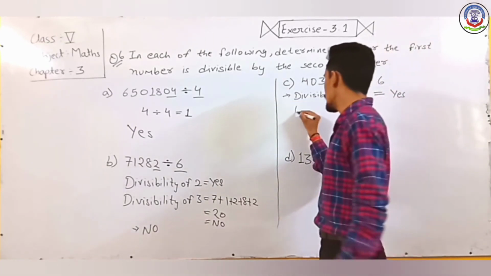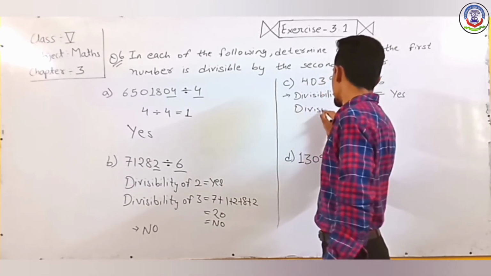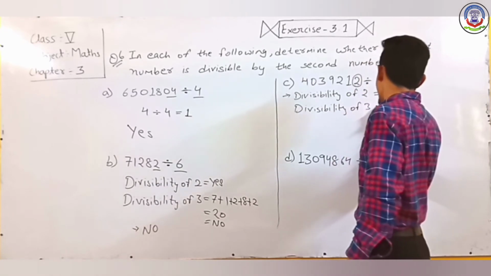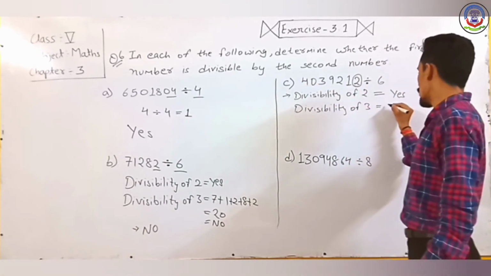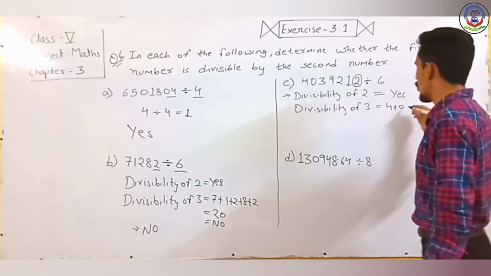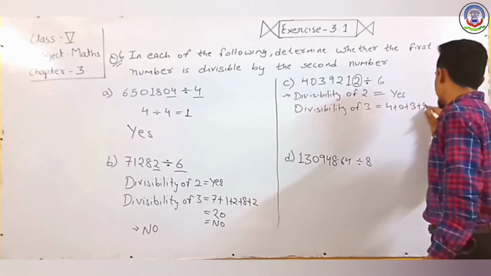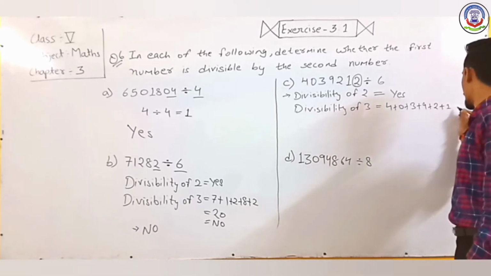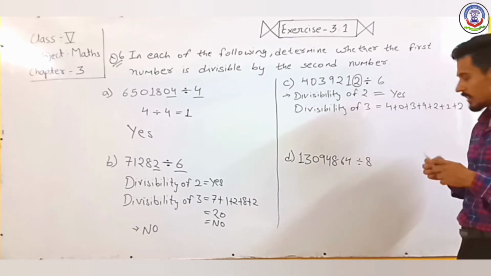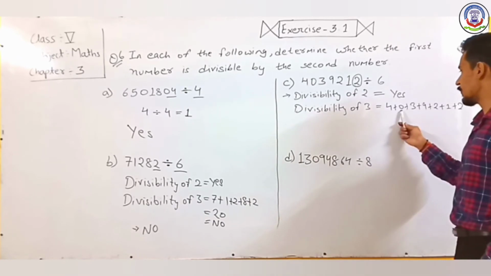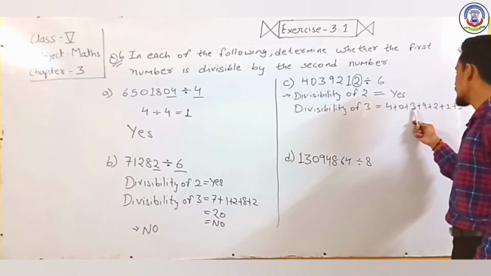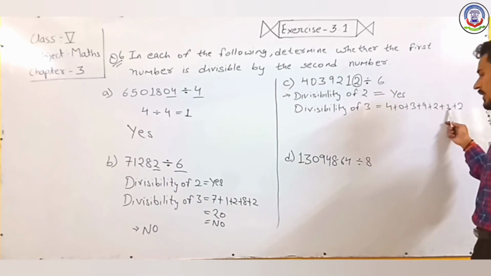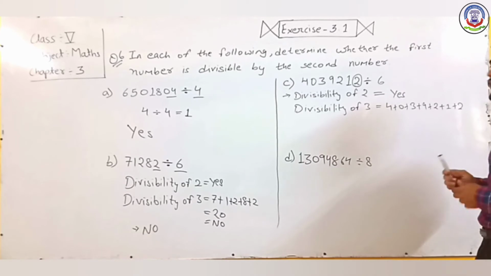Next we have divisibility of 3, that we have to add all these digits. So when we add 4, 0, 3, 9, 2, 1 and 2: 4 plus 0 is 4, 4 plus 3 is 7, 7 plus 9 is 16, 16 plus 2 is 18, 18 plus 1 is 19, 19 plus 2 is 21.